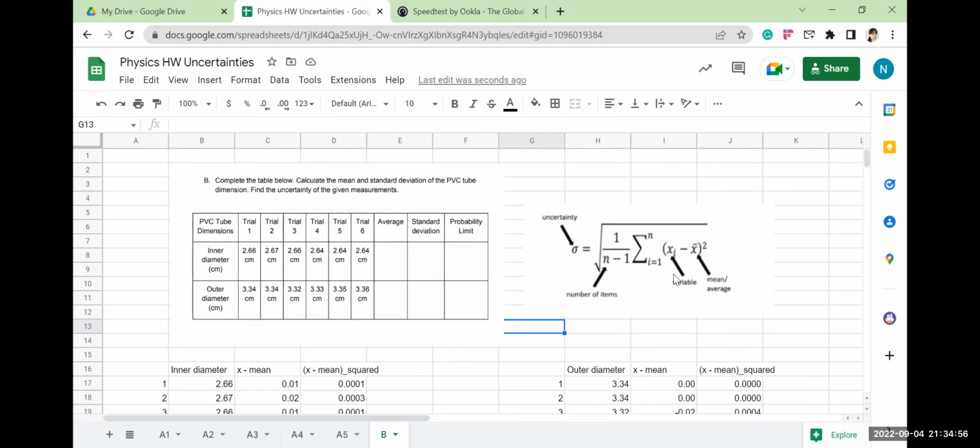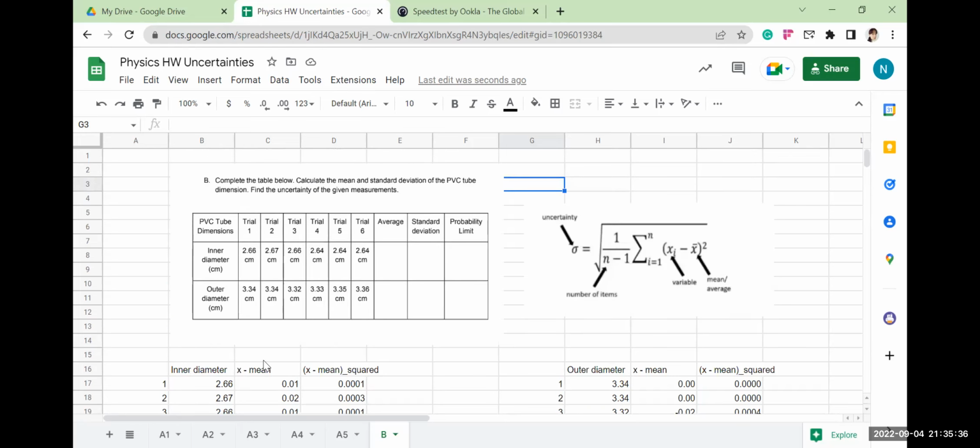So yung variable mo, xi, would be your trial number. So for example, yung first trial mo would be 2.66. So that's variable, 2.66. What is itong x bar? Yung average. Right. What's the value of your x bar? 2.65? Very good.